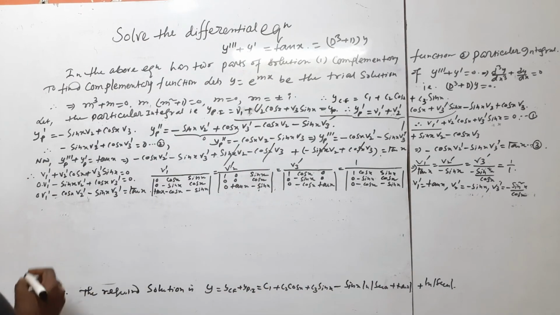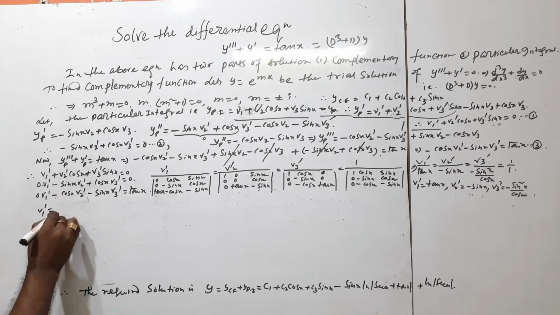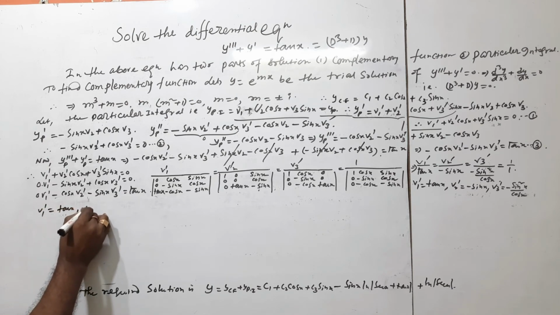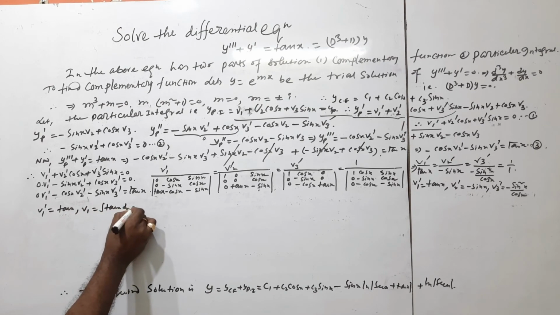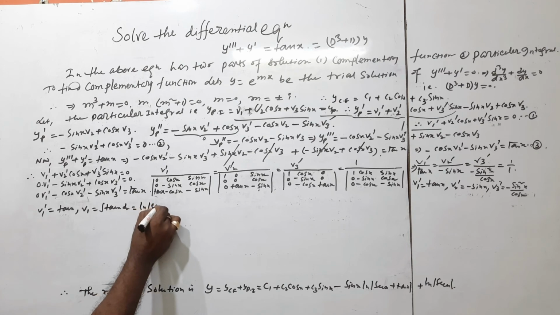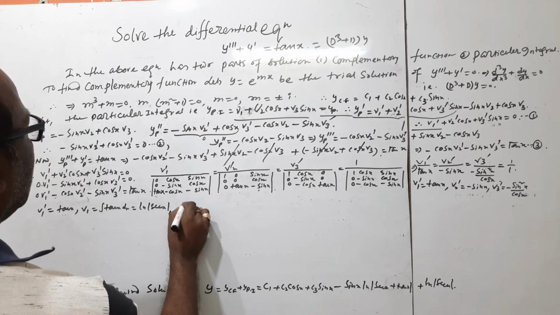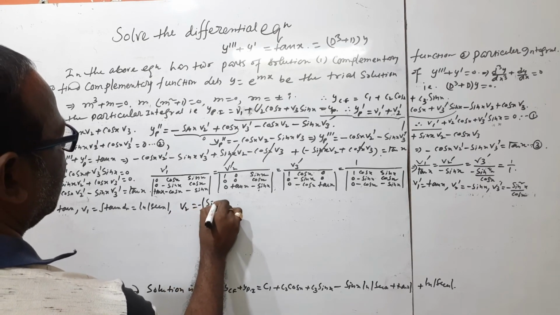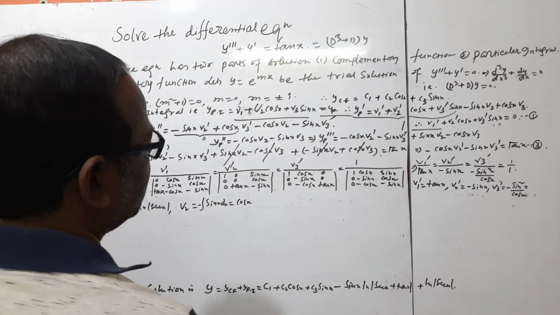Okay, as v1' equal to tan x, therefore v1 equal to integral of tan x, and this is ln sec x. Okay, now v2 is equal to minus integral of sin x dx, and this is cos x.